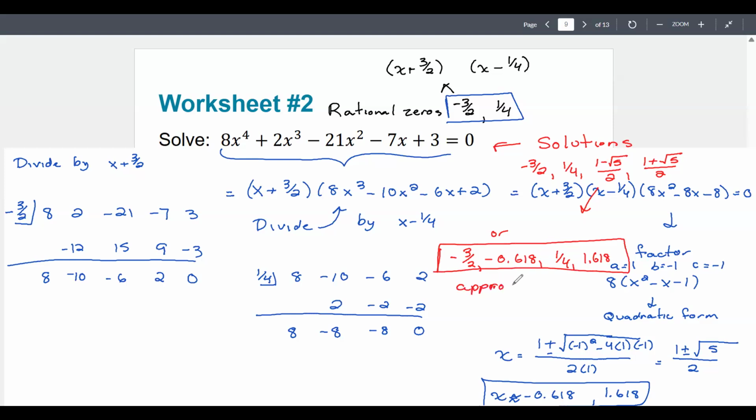And these are my approximate solutions. And these would be my exact solutions.